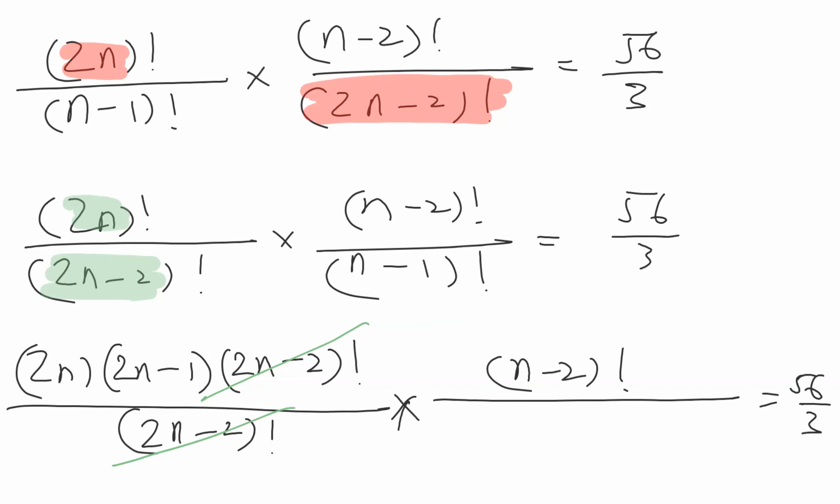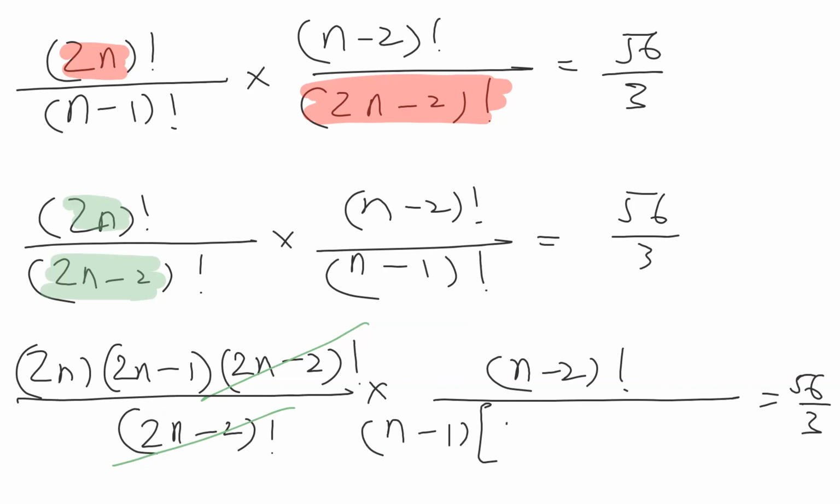It's n minus 1. Correct. The previous term, n minus 1 minus 1. Should I stop over here? Yes, we are supposed to stop over here because we got our n minus 2. Minus 1 is minus 2. I hope everybody is understanding this.